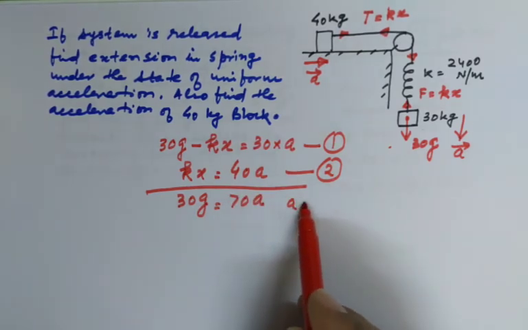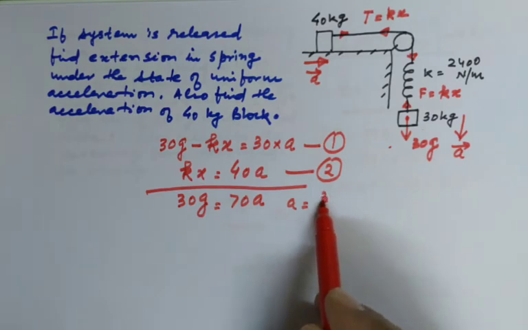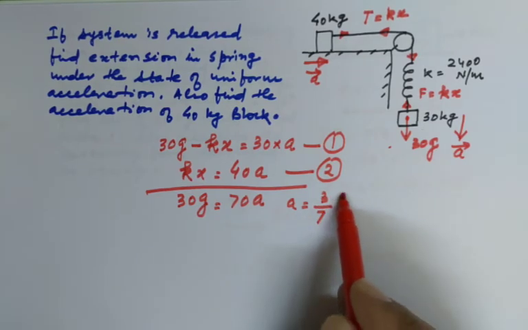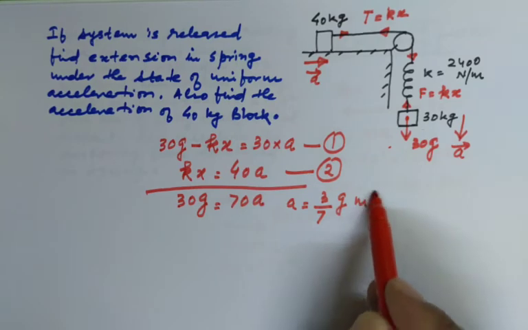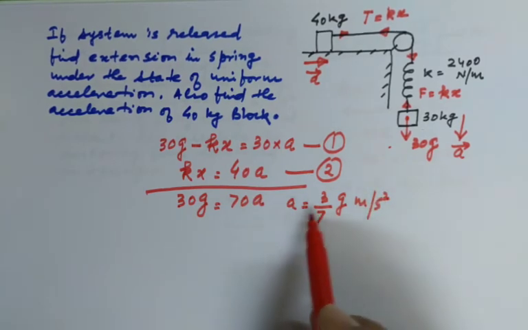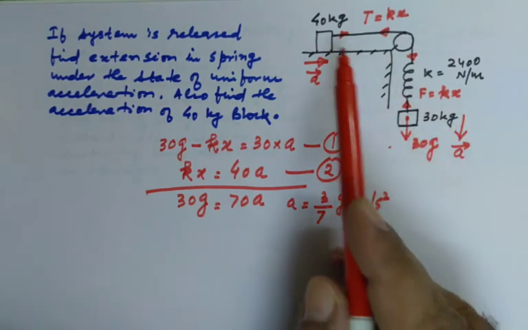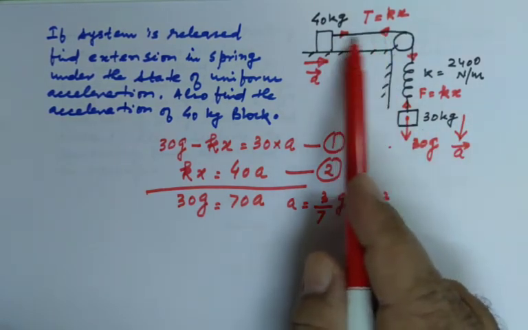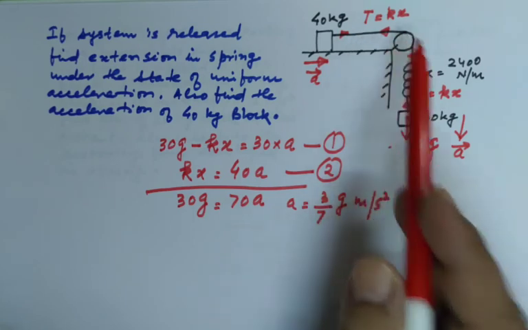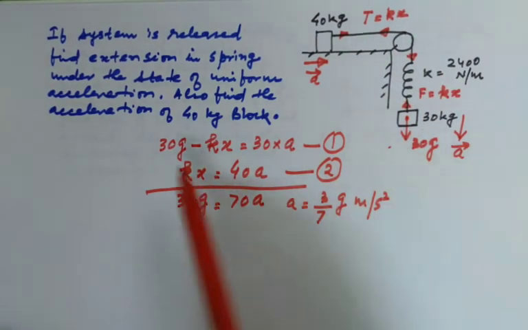So from here the acceleration comes to 3/7 g meter per second square. With this acceleration, this block will go down, and the 40 kg block will move in the positive x direction with this acceleration.